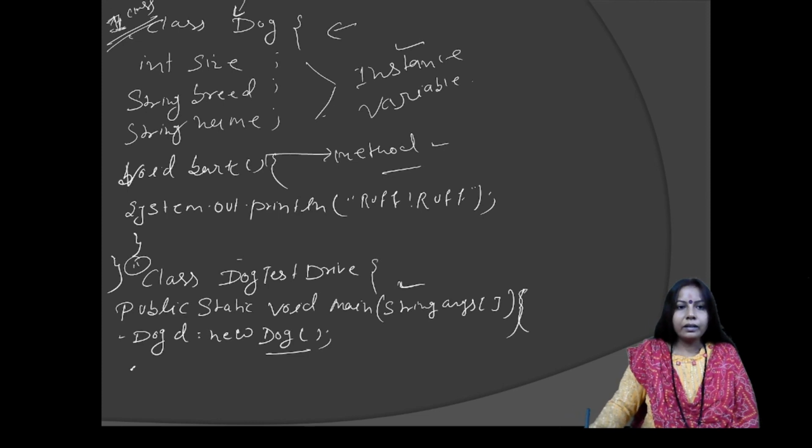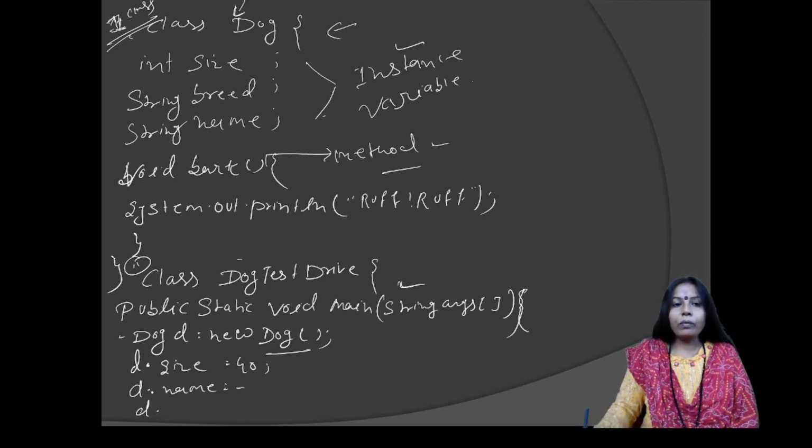So here I use dot operator. This is dot operator. Size, you may set here size anything. And dot, you may also set here name according to your requirement, and also call method by the help of dot operator.